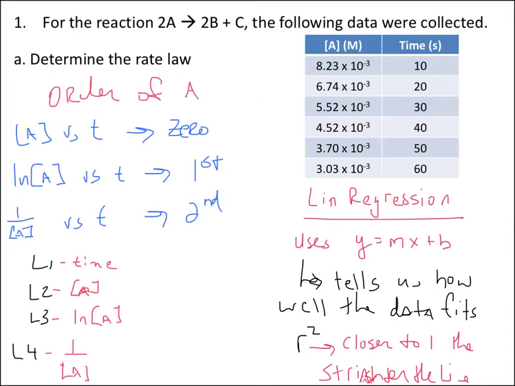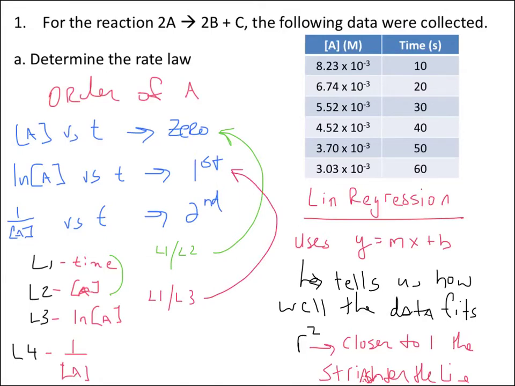And so what I'm going to do is take these in pairs. And so I'm going to draw lines here just to keep this clear in your head. I'm going to do an L1 versus L2. And so when I do L1, L2, I'm checking for that 0 order. When I do an L1 versus L3, I'm checking for the first order.